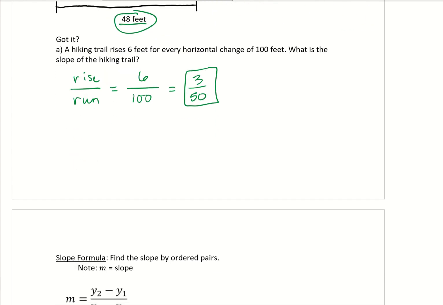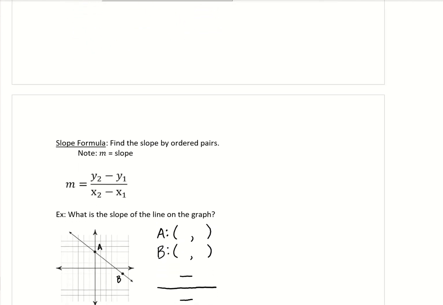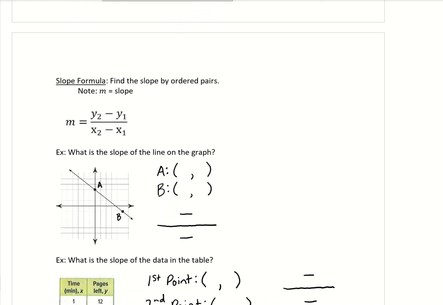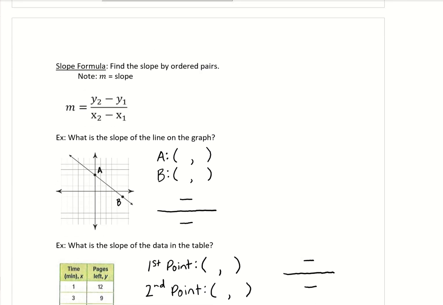Okay. Next, we're going to talk about the slope formula. This will be on the back of your sheet. Okay, the slope formula is used to find the slope given your ordered pairs. The letter M means slope. Okay, when you see the letter M right here, that just means slope.